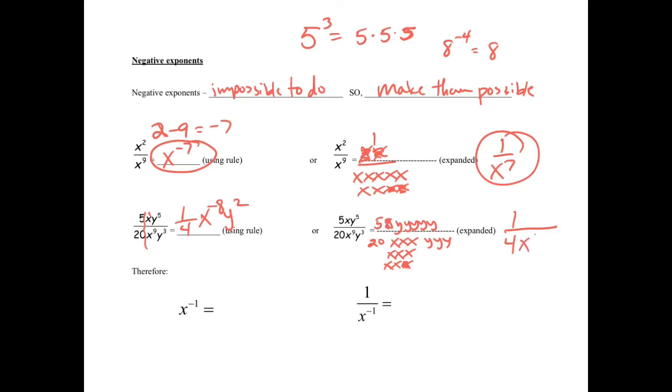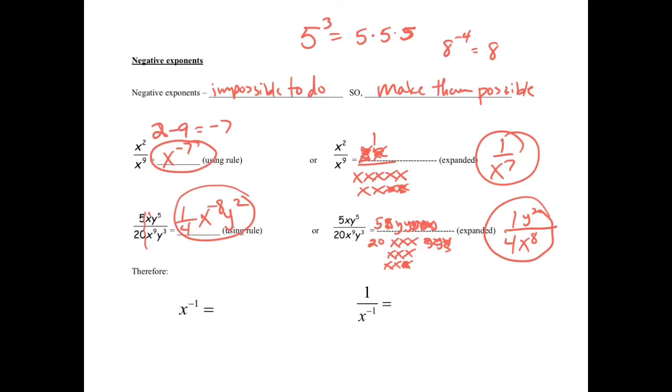That leaves us 8 x's on the bottom. And then we can simplify the y's. We have 1, 2, 3 on top, 1, 2, 3 on bottom, leaving us 2 on the top. So again, that tells us that these two answers are the same. 1/4 x to the negative 8th y squared is the same as 1y squared divided by 4x to the 8th.